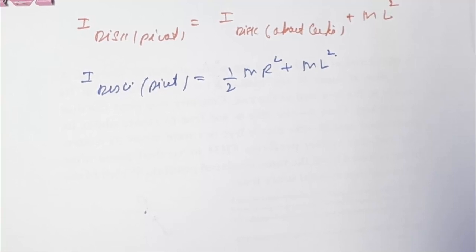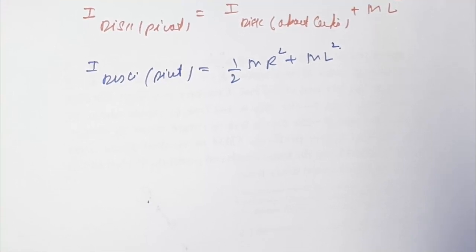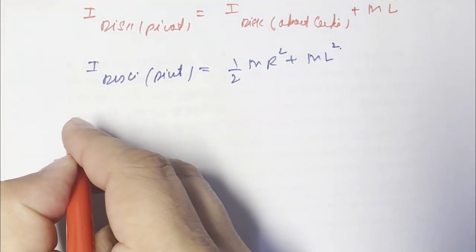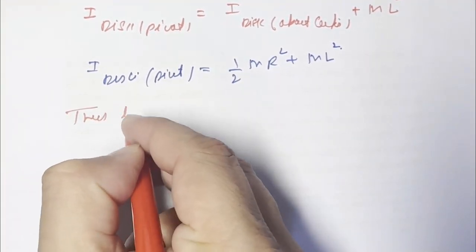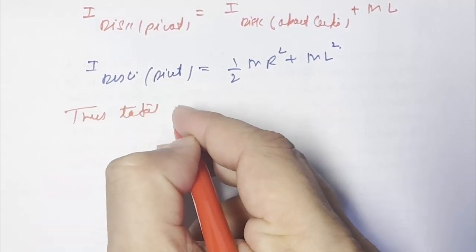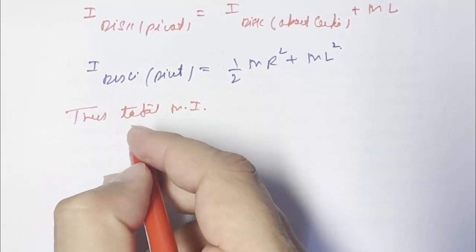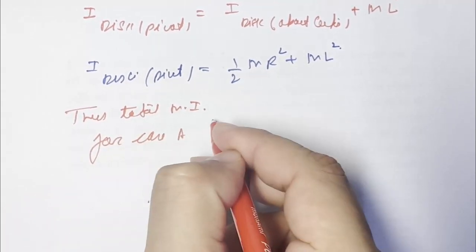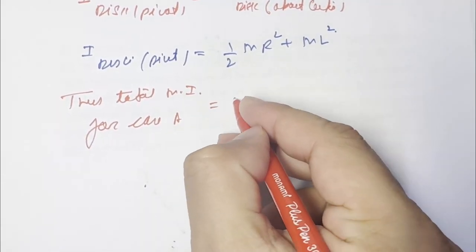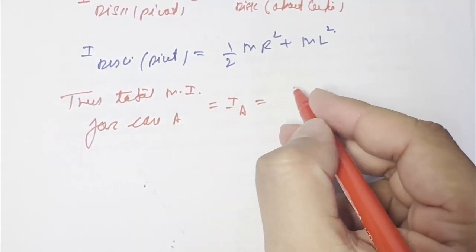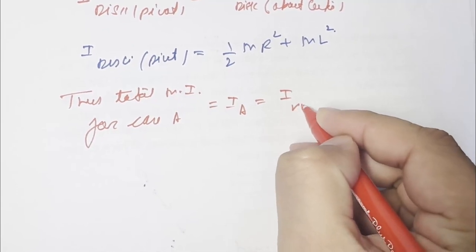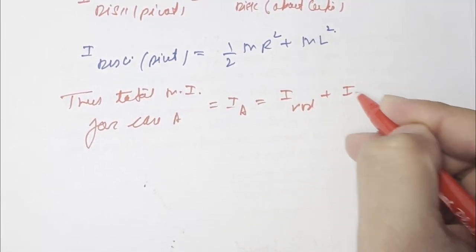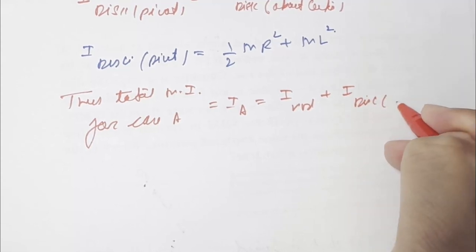So therefore the total moment of inertia for case A, let us call that IA, will be equal to moment of inertia of the rod plus moment of inertia of the disk about pivot point.